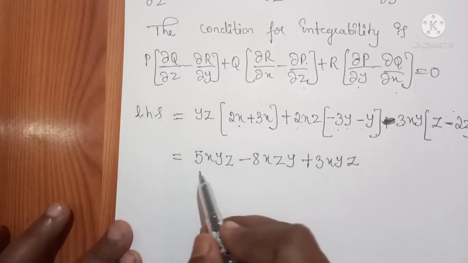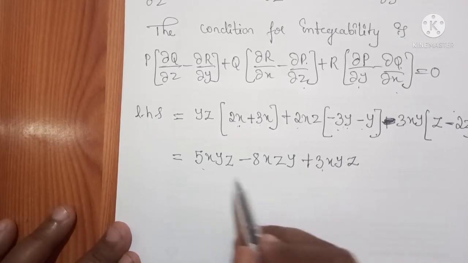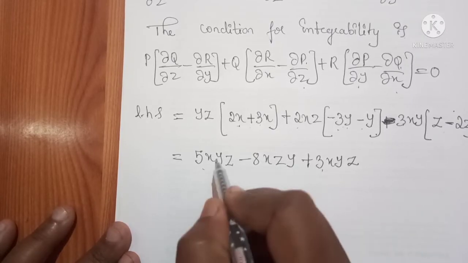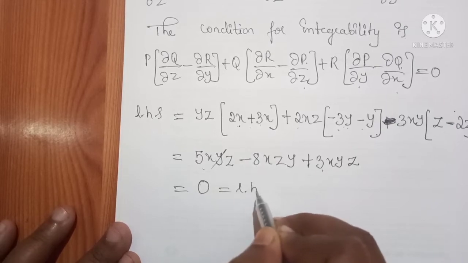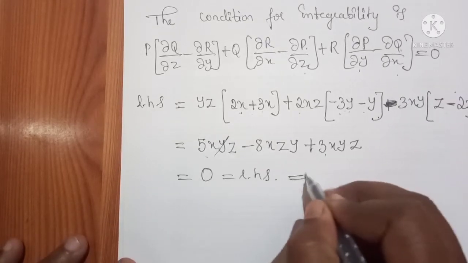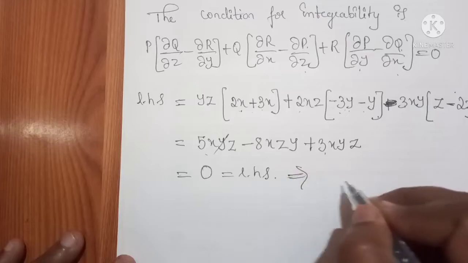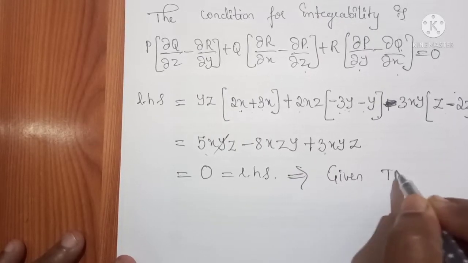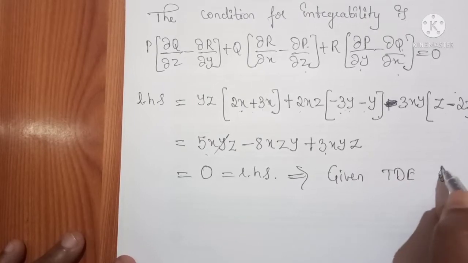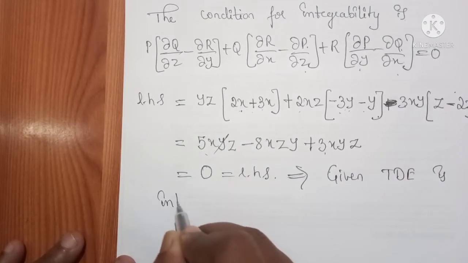You can observe that 5 plus 3 equals 8, plus 8xyz minus 8xyz cancels, so that we get 0, which is the RHS. Hence the condition of integrability is satisfied, that is, the given TDE is integrable.